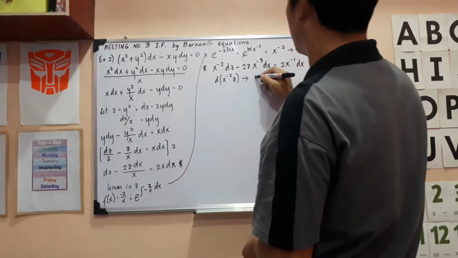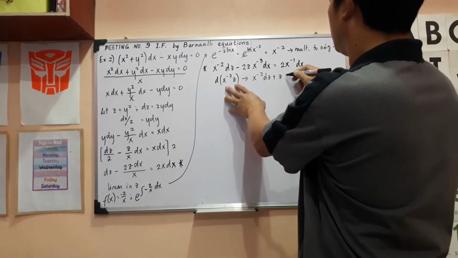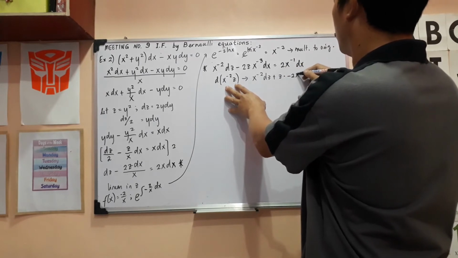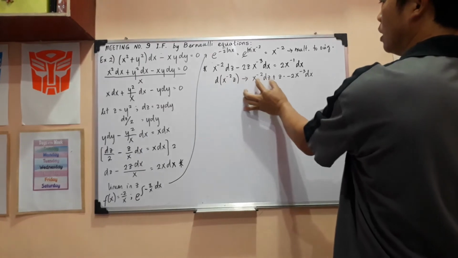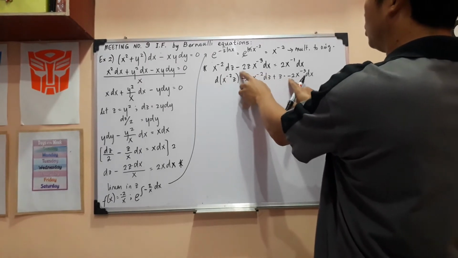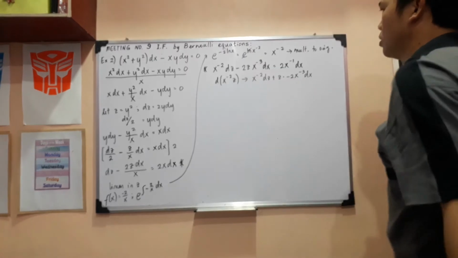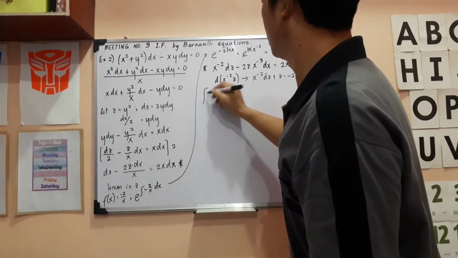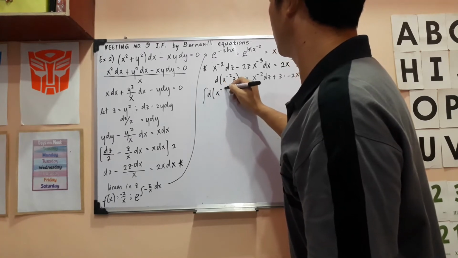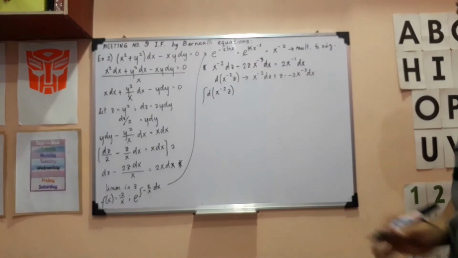So para ma-check natin, x raised to negative 2 dz plus z and then times negative 2 x raised to negative 3 dx. Okay, pasok. So now integrate the integral of the derivative of x raised to negative 2 and then multiply by z.